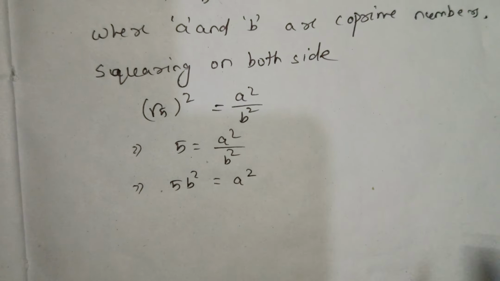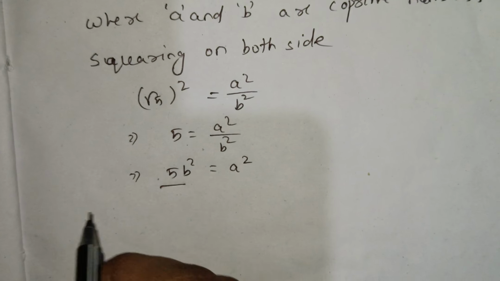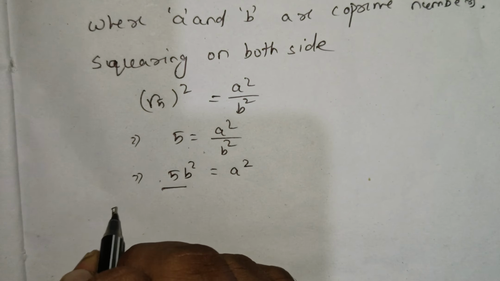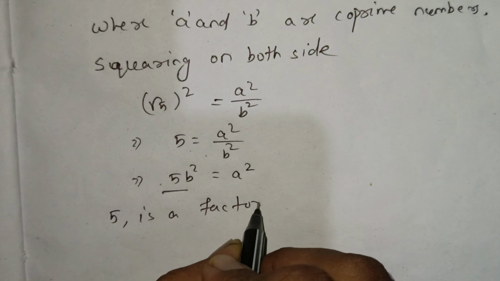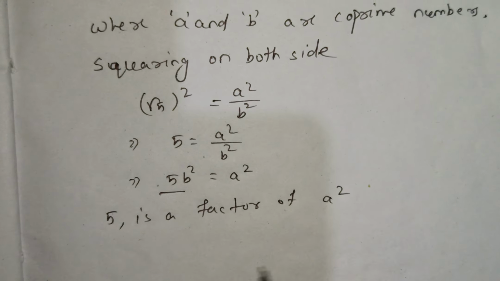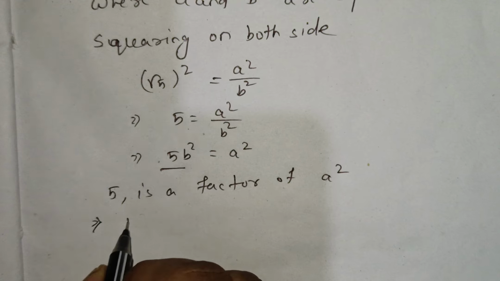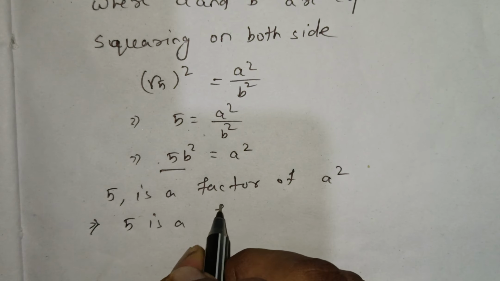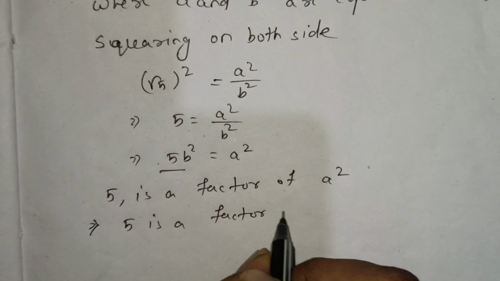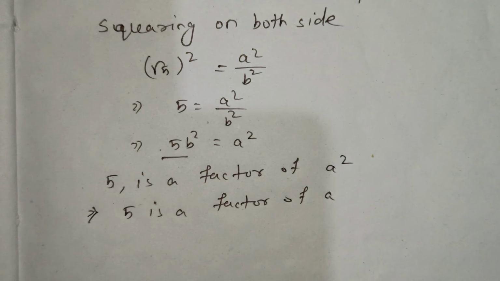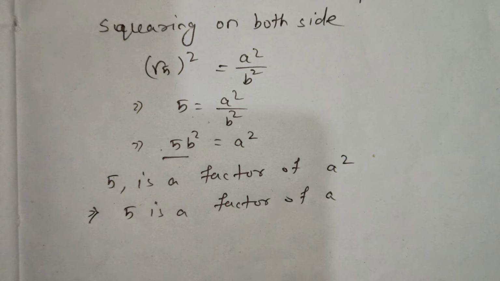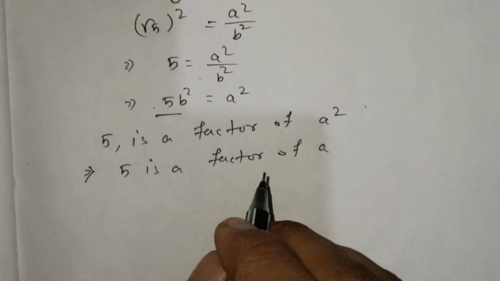From this you can see that 5 is a factor of a square. From the theorem we can also write that 5 is a factor of a. If a number is a factor of its square, then it will also be a factor of the number itself. If 5 is a factor of a square, then 5 will also be a factor of a.